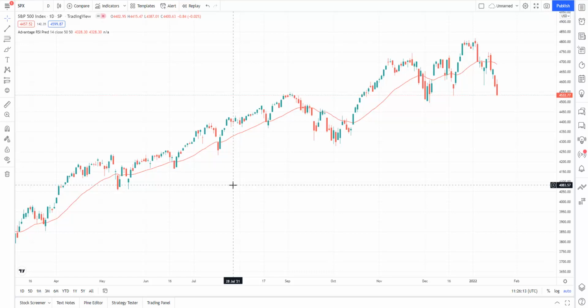This new line, actually two different lines that overlap each other, they really look like moving average. The RSI indicator is based on exponential moving average, so let's plot one.